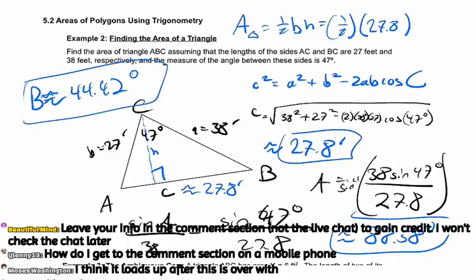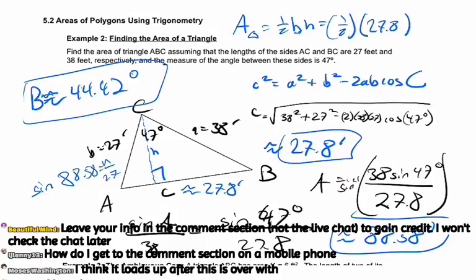Since we solved for the triangle, that means we have angle A, which is 88.58. If we want the height, we can say the sine of A is h over b. So the sine of 88.58 should be h over 27, so h is going to be 27 times that. We did it in my other class.